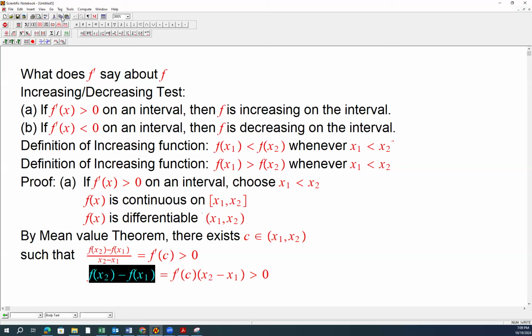Therefore, f of x2 minus f of x1 is larger than 0, and that means f of x2 is larger than f of x1.